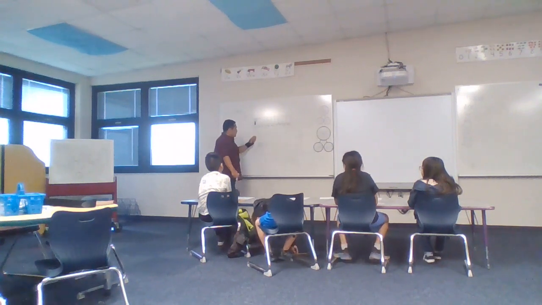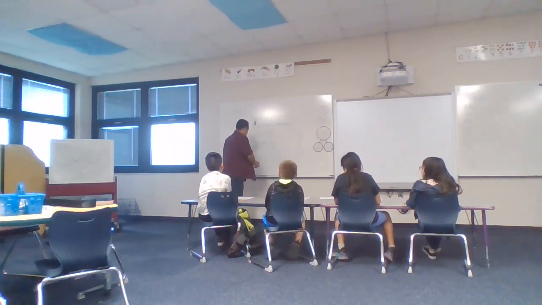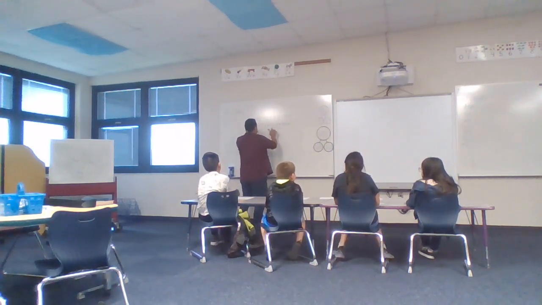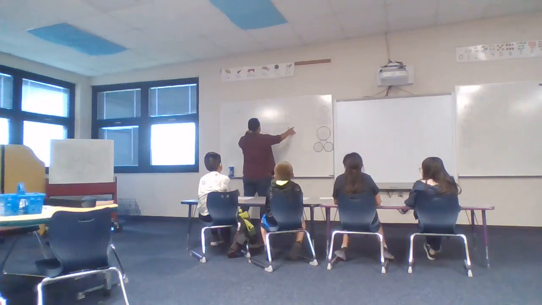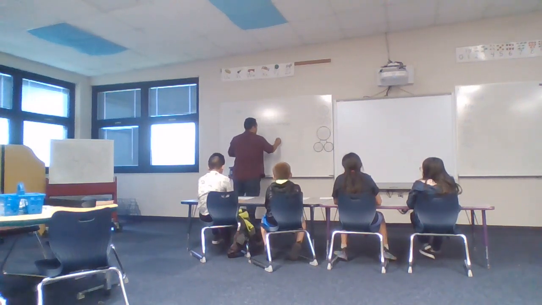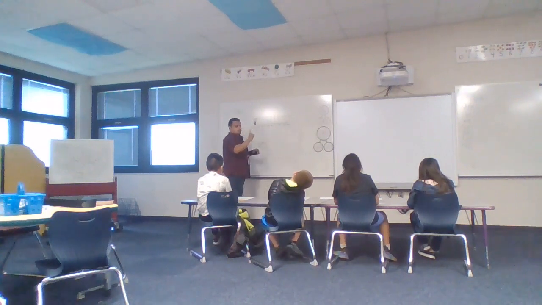Now we're going to take this and change it into a decimal. When I look at this piece, this is all one whole piece, right? So that would be the number 1. If I use this whole thing, that would be 1.